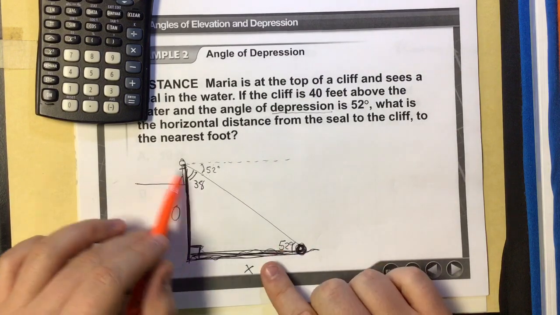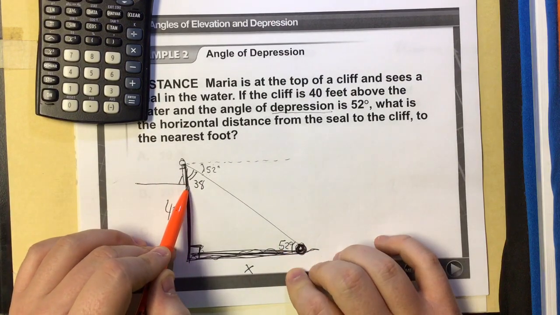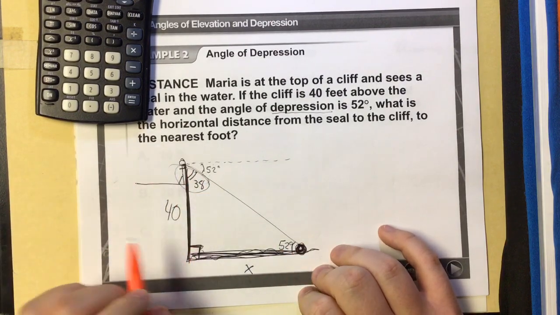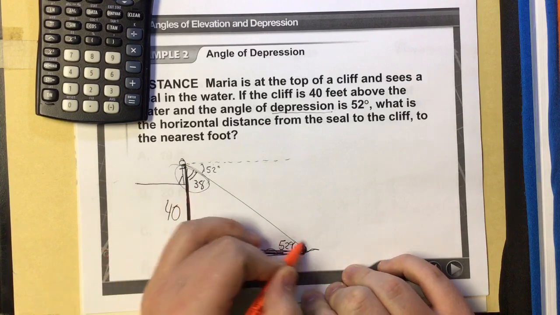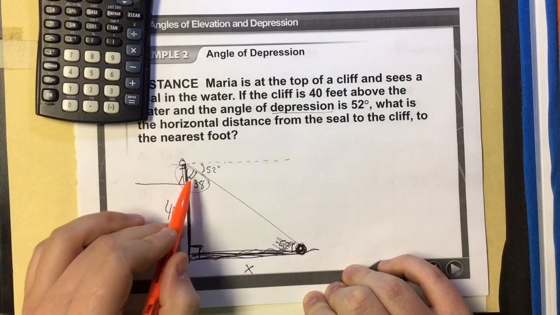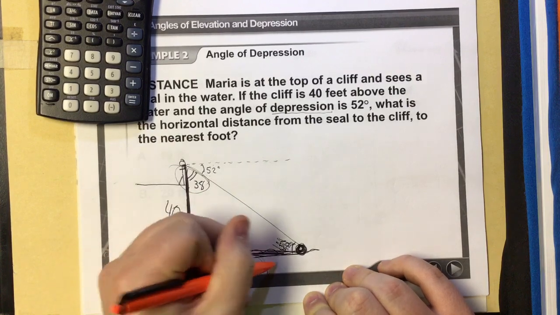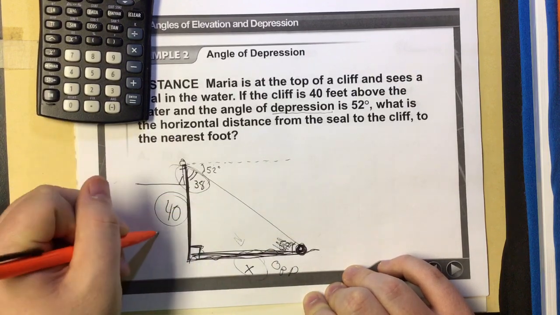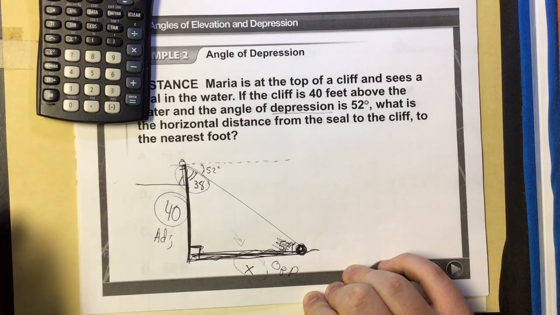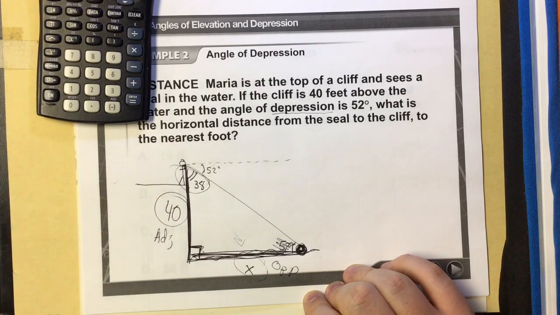So from here, you can pick either one of these angles. I don't care which one. Let's go with 38 for this one. From this 38, we have opposite over here and adjacent over here. Again, opposite and adjacent. What do we know? What do we have?